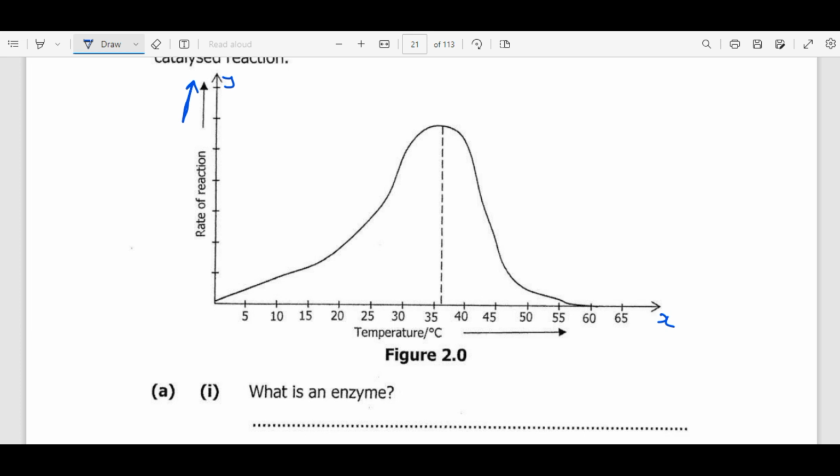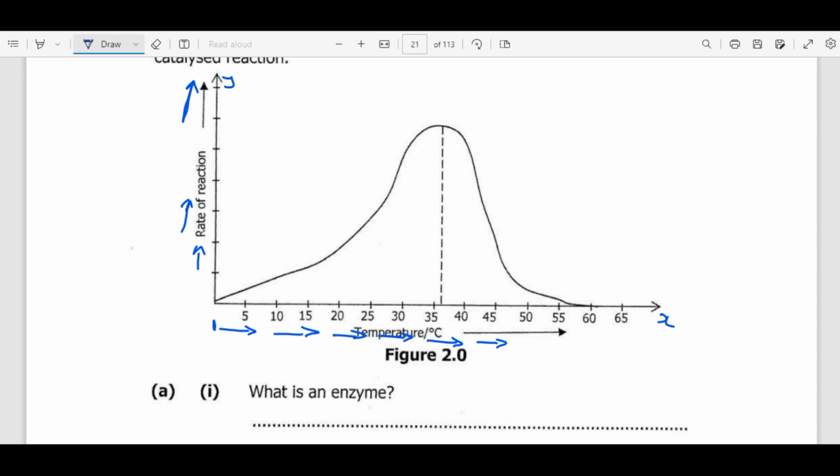Now, when you look at the temperature, it was increasing from this end going in this direction. So as the temperature was increasing, the rate was also increasing as well.